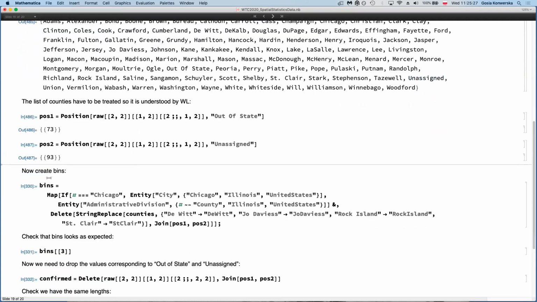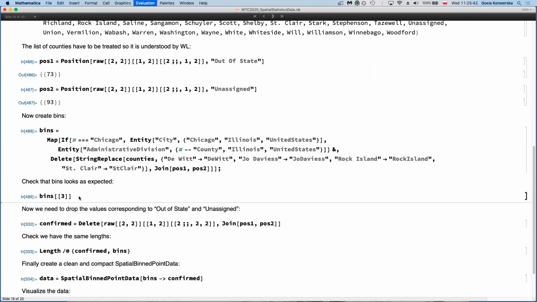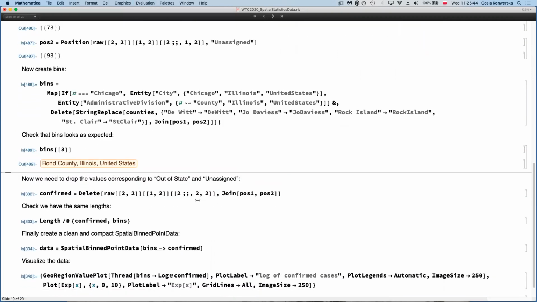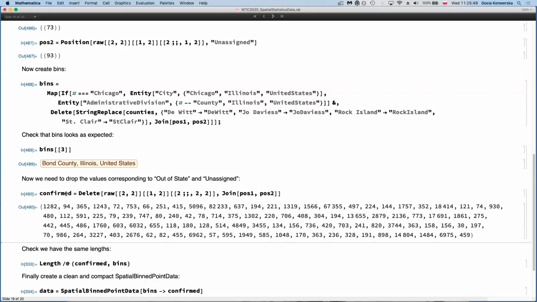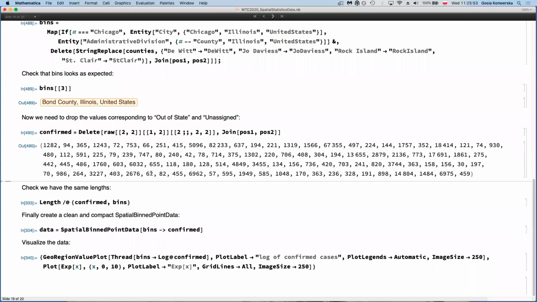Then I'm going to create the bins. One more thing is that Chicago in the entity framework is not a county, it's a city, so we need to input this as an entity city. Everything else goes as administrative division, so we create the bins. We check that we actually have what we want, so we get the entities. Now from the values, we need to drop the positions that correspond to unassigned and out of state.